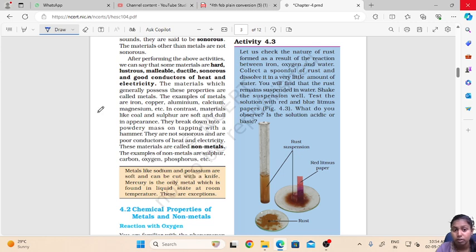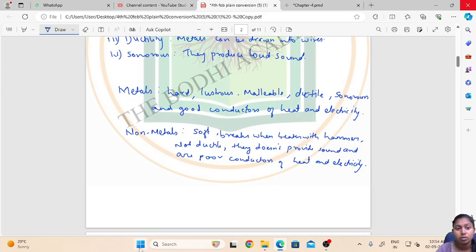So examples of metals are iron, copper, aluminium, calcium. And examples of non-metals are sulfur, carbon, oxygen, phosphorus. So here the examples are iron, aluminium.